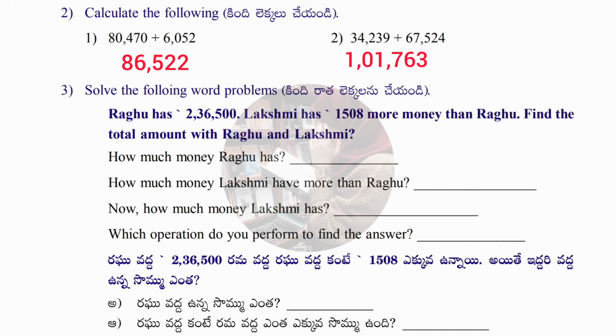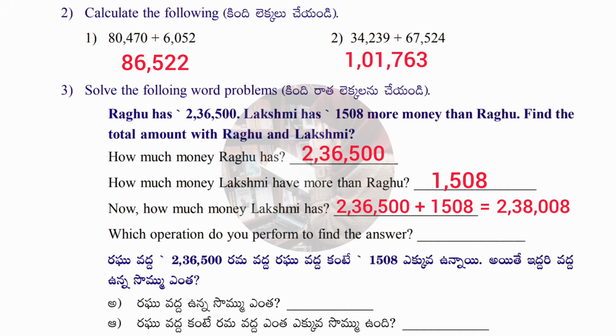How much money does Raghu have? Raghu has 2,36,500. Next question. How much more money does Lakshmi have than Raghu? 1,508. Now how much money does Lakshmi have? Now you have to tell the total amount Lakshmi holds.